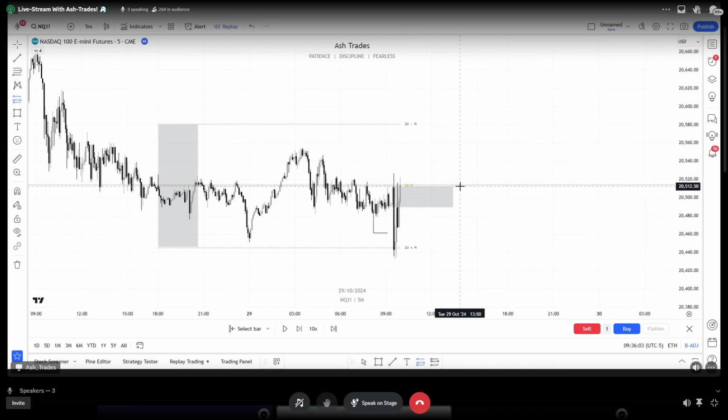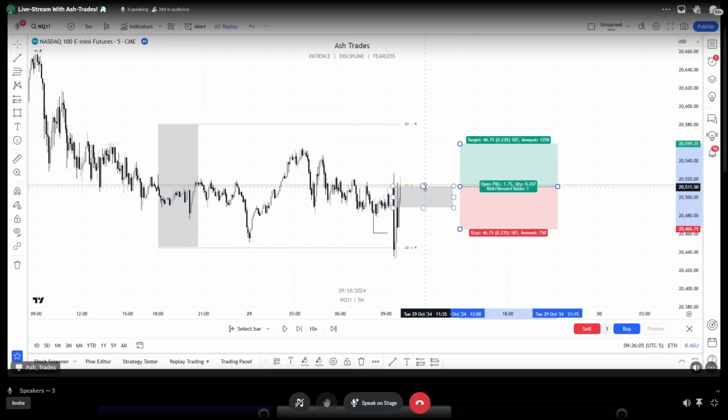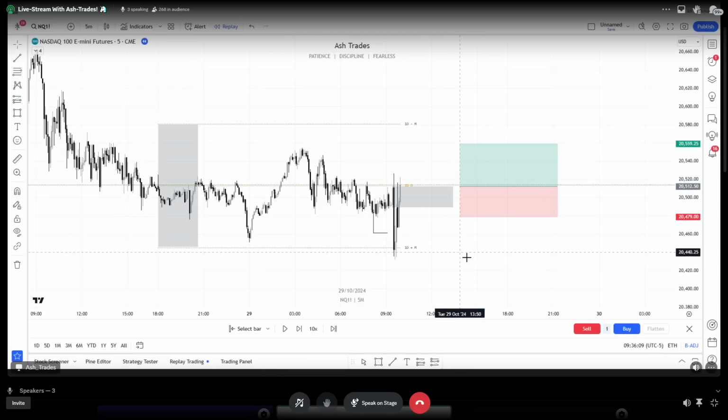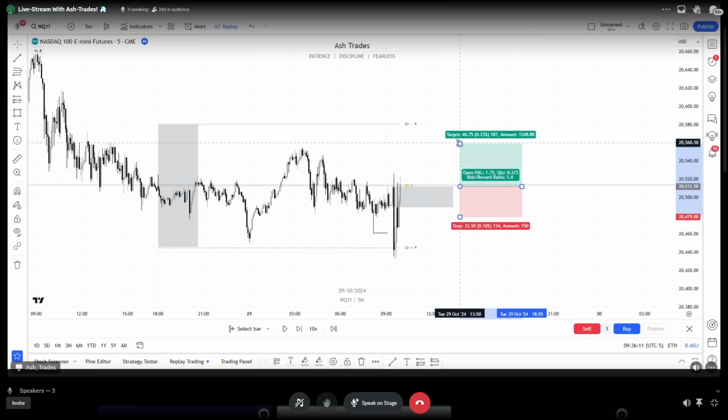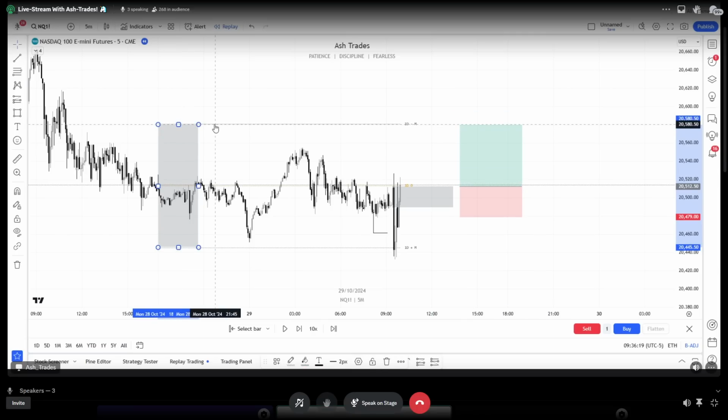So as always, I always enter at the beginning of the breaker block with a stop loss a couple points below the breaker block. And as we stated, we're going to use a 1 to 2 risk to reward, which is beautiful that it just lines up very nicely with the other side of the range, because the logic we're using is that here's your range.